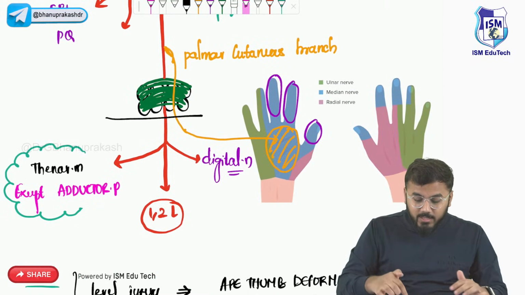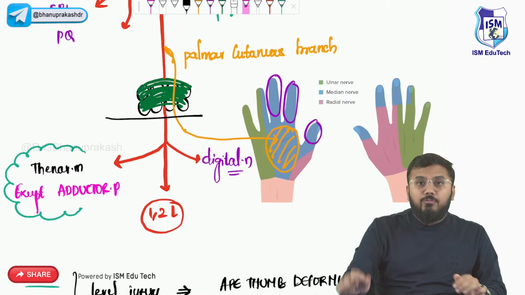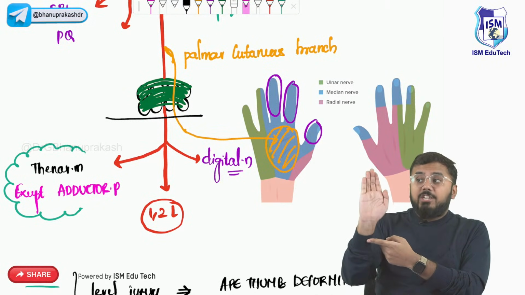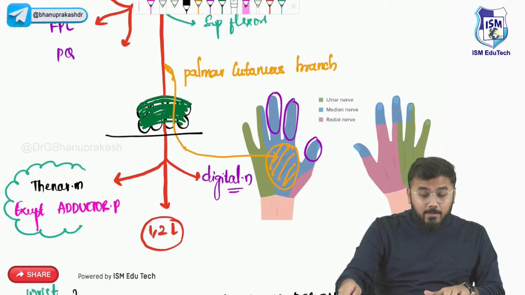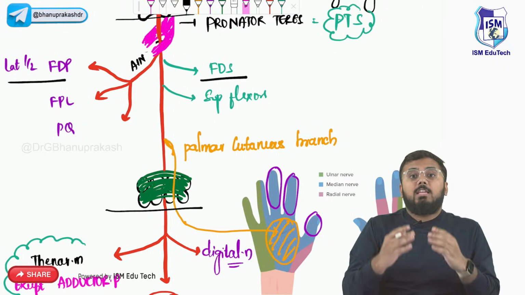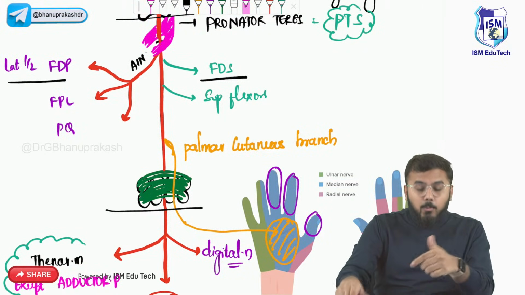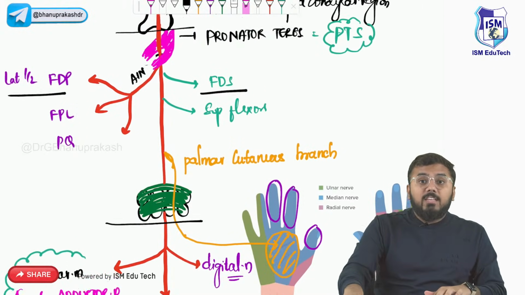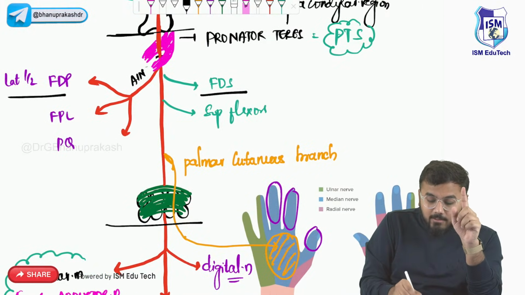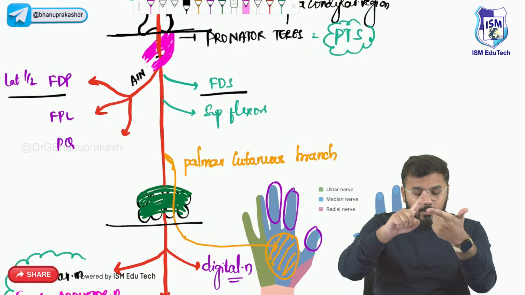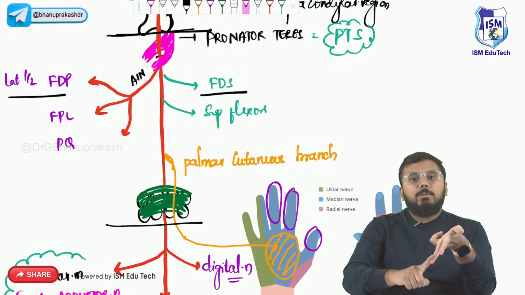Because if there is an injury at the level of wrist, the patient can flex the fingers. Why? Because flexor digitorum profundus and flexor digitorum superficialis are working, and both their functions are to flex the fingers. But if there is an injury at the level of elbow, then flexor digitorum superficialis is gone, profundus is gone, thenar muscles are gone.